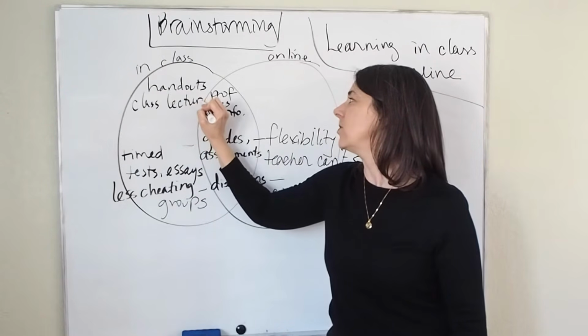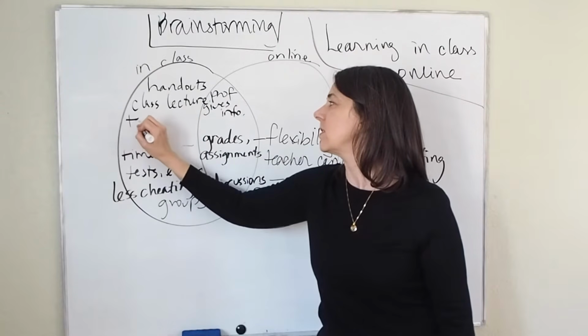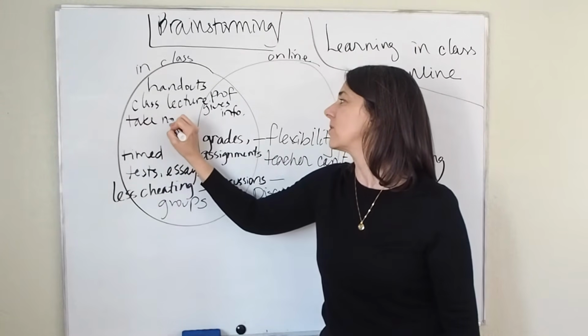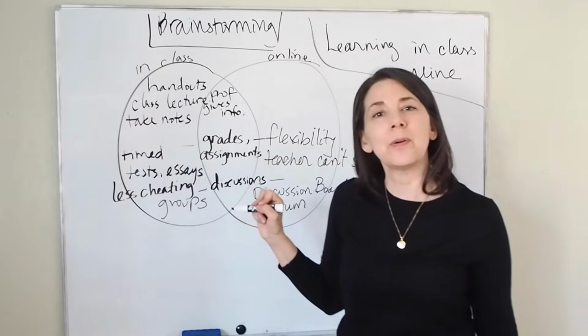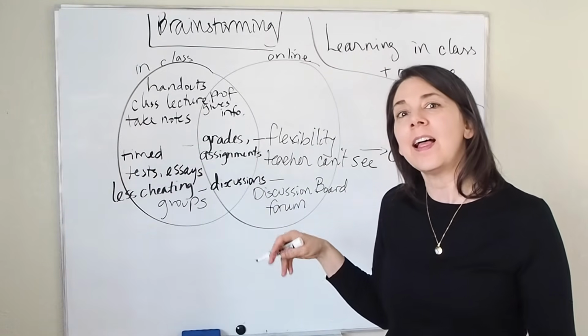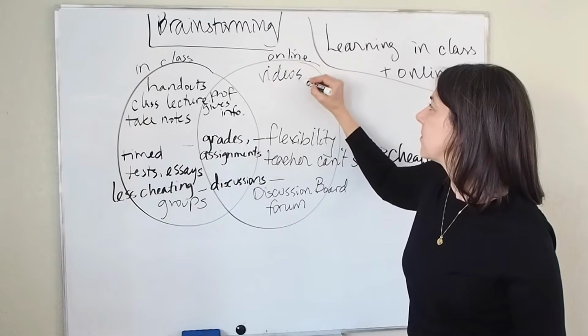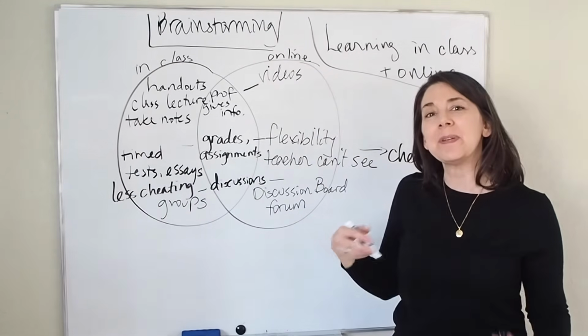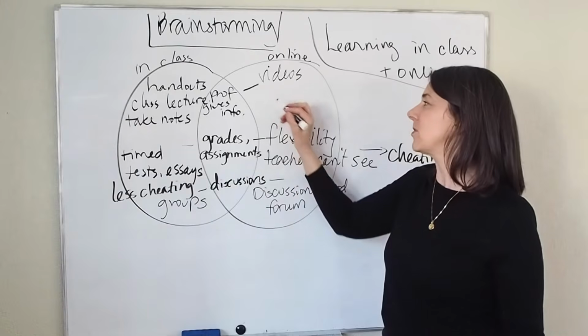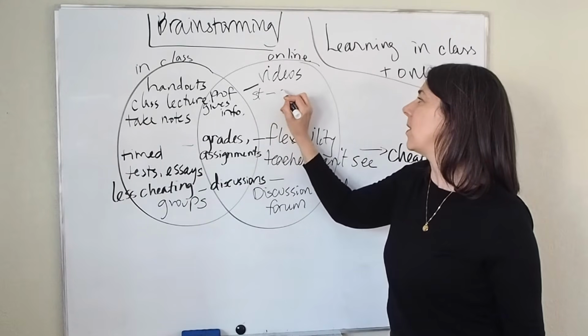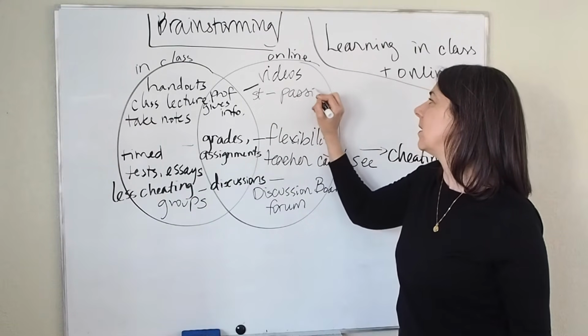And what do the students do during the lecture? The students take notes. But when students learn online, there might be videos, and maybe the learning for the students is more passive.